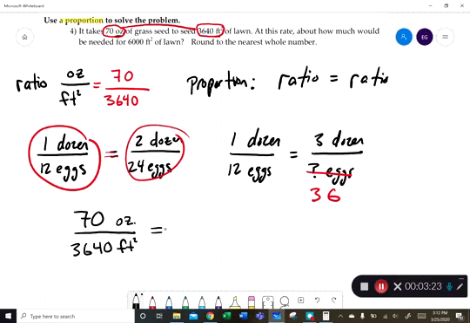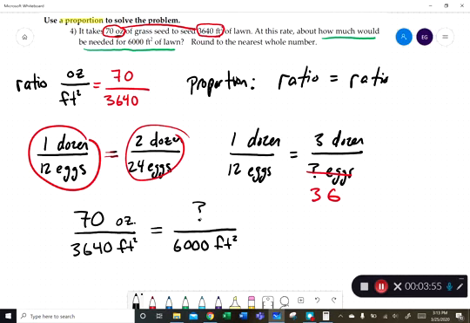Well, if every 70 ounces covers 3,640 square feet of lawn, how much would be needed? So let's look at the question. How much would be needed for 6,000 square feet of lawn? So we know the square feet is 6,000. What we don't know is how many ounces of grass seed.